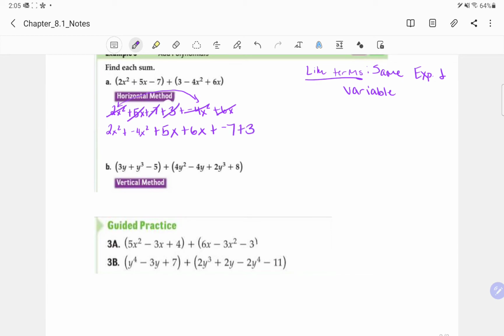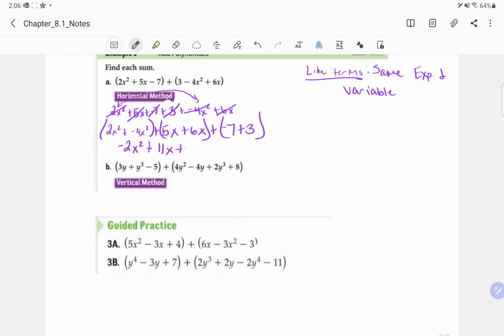Now I have everything matched up with its like terms, so I'm going to add them. So 2x squared plus negative 4x squared will become negative 2x squared. You add the coefficients and keep the variable. Plus 5x plus 6x becomes 5 plus 6 is 11x.